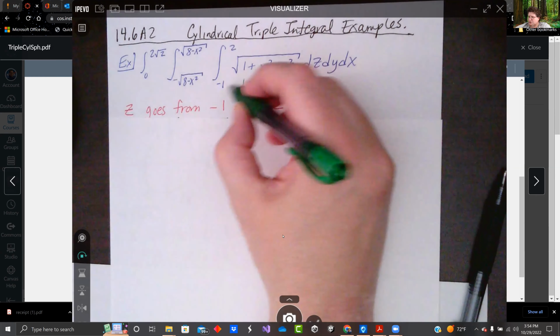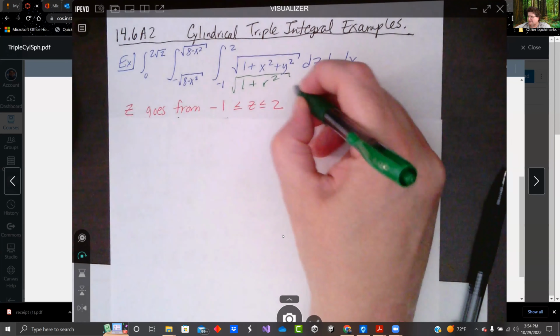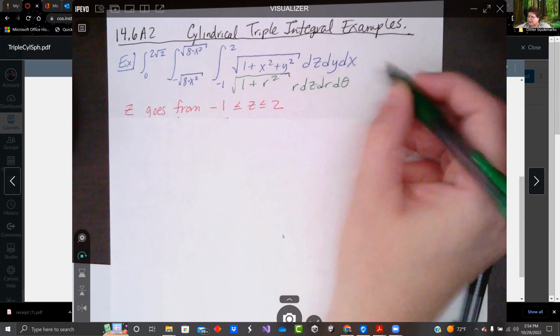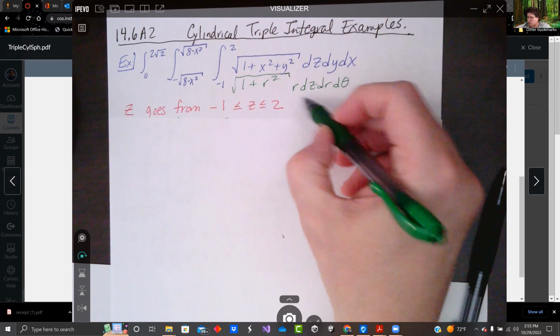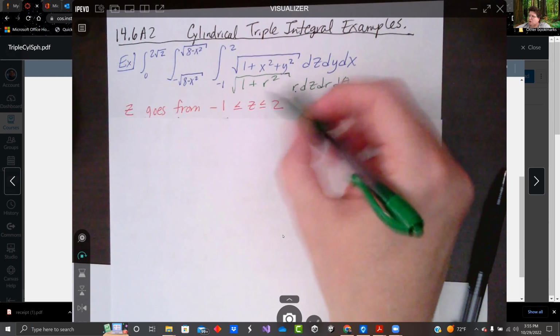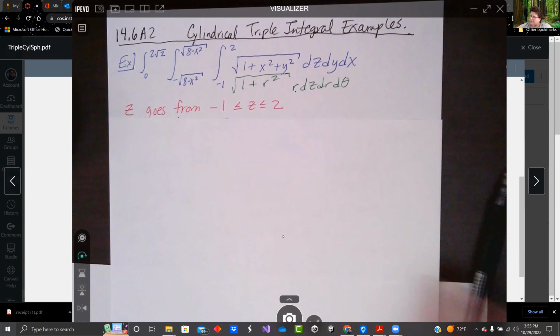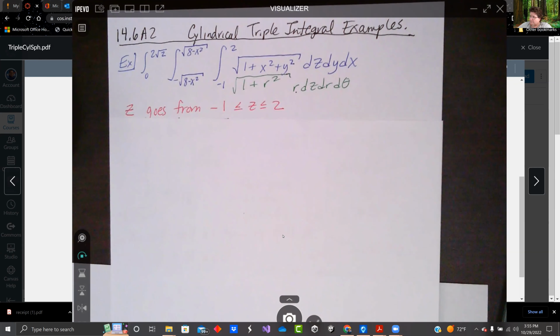So if I switch to cylindrical, I would have an r dz dr d theta. And I can see if I do a u sub with 1 plus r squared, I'll get the 2r, and we'll deal with the r, and we'll have a way to go forward from this. So I like the idea of going with polar, or cylindrical. Let's just work that out.